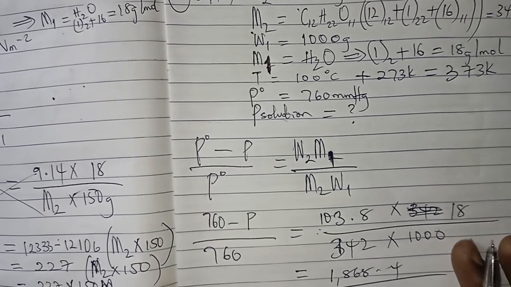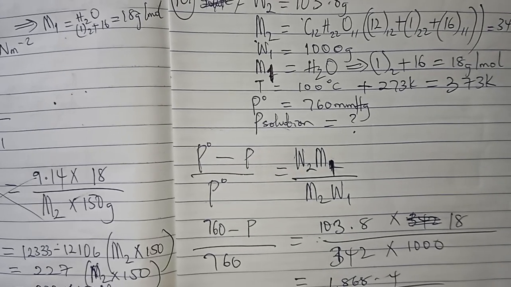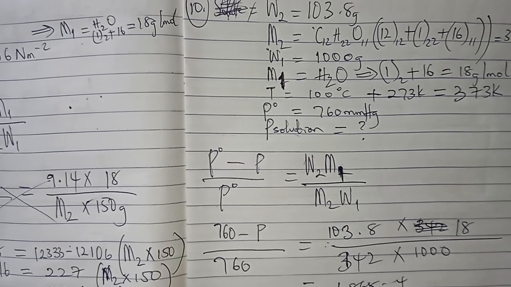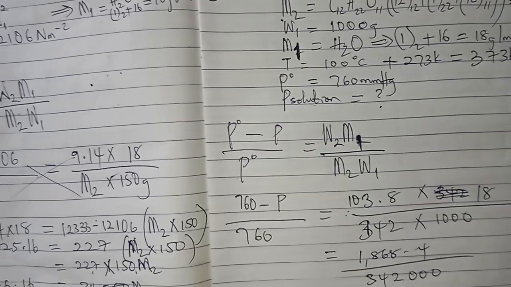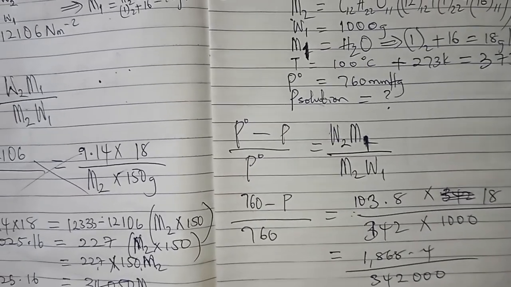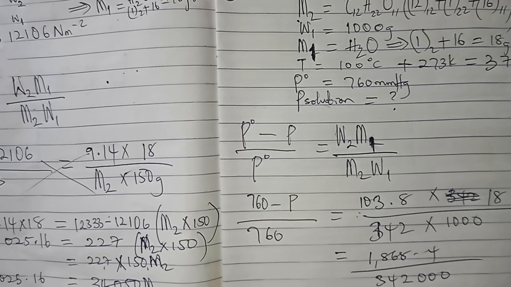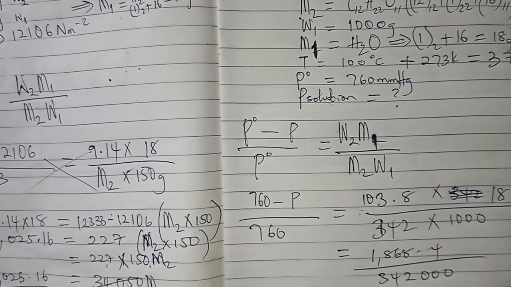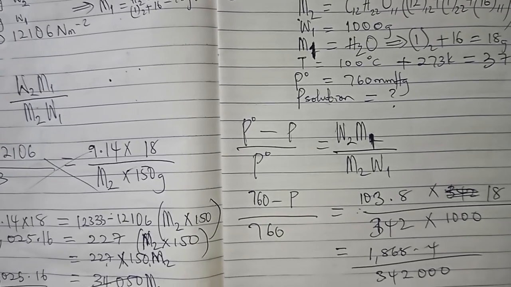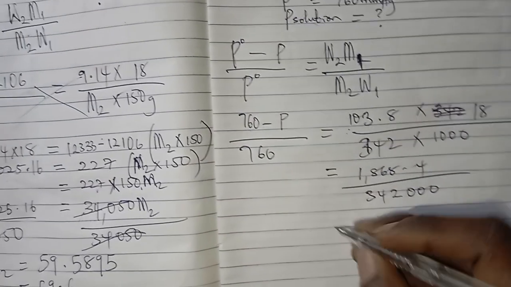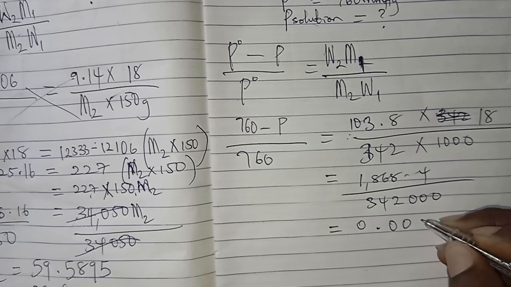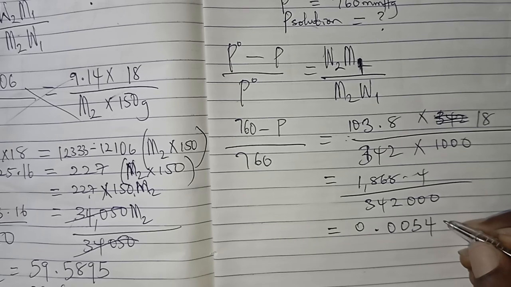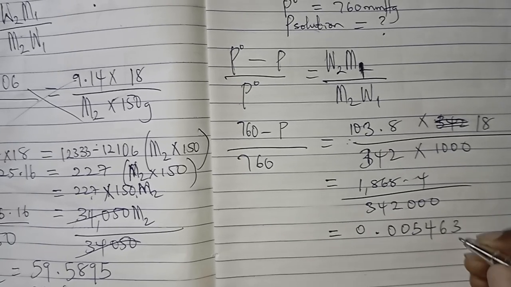So we can now divide: 1868.4 divided by 342,000 gives 0.005463.